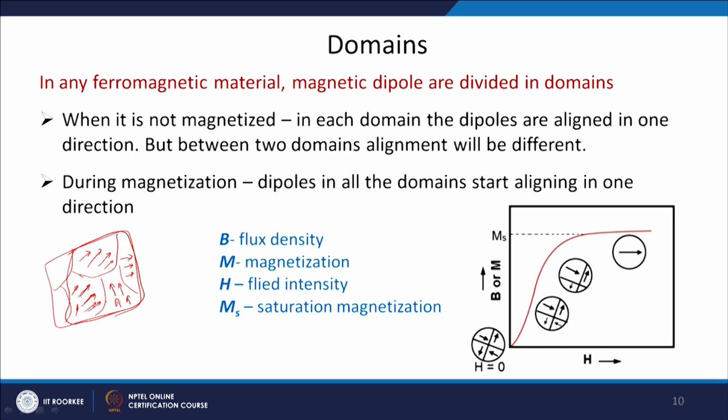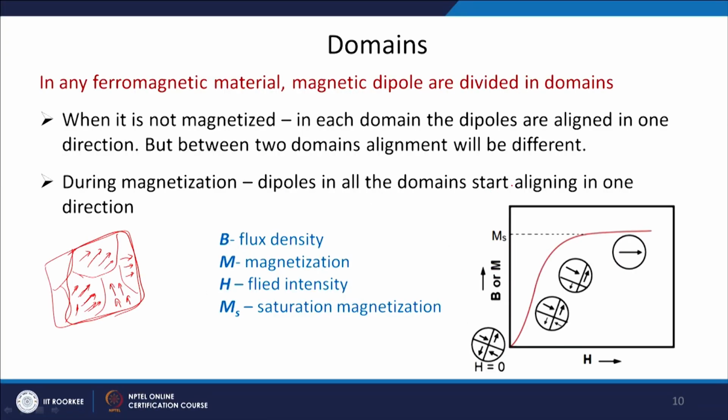So when it is not magnetized, in all these domains they are aligned in a very random way. But when you do a magnetization, dipoles in all the domains start aligning in one direction.